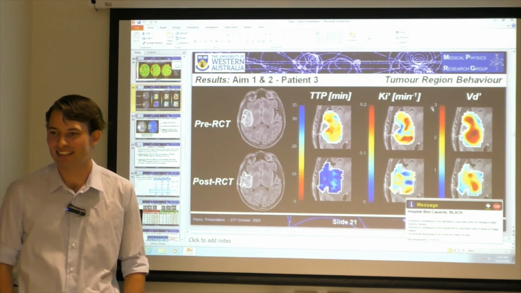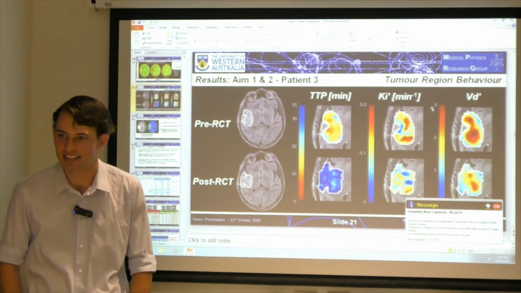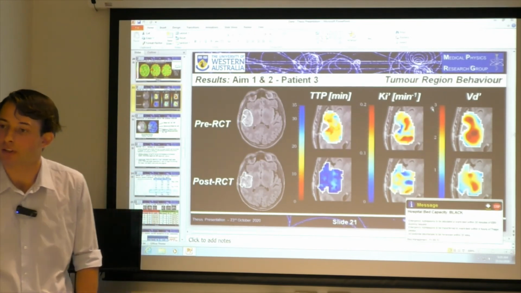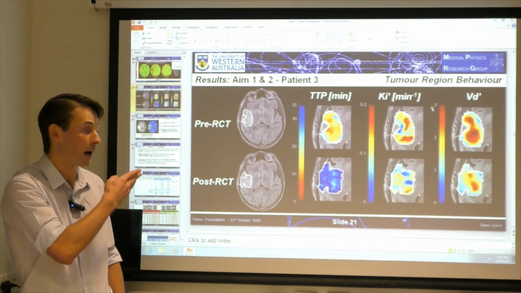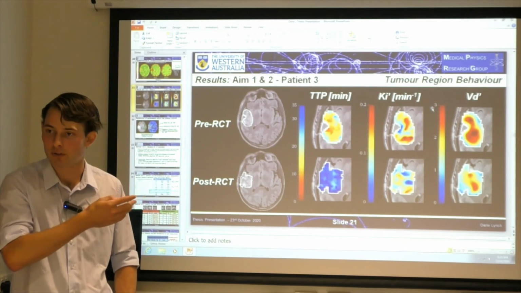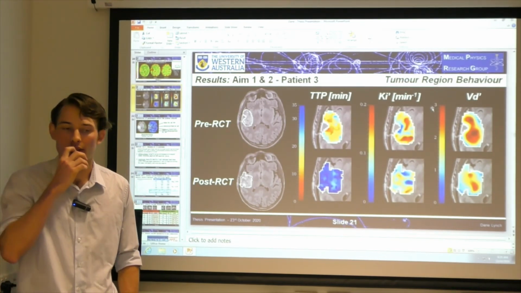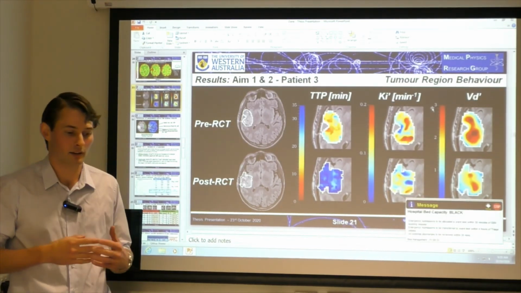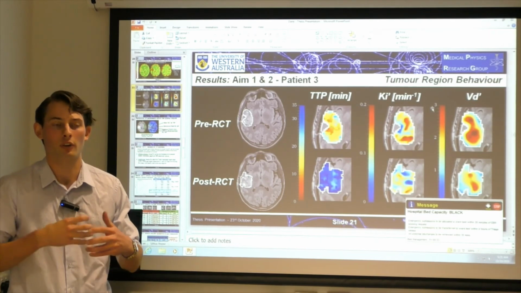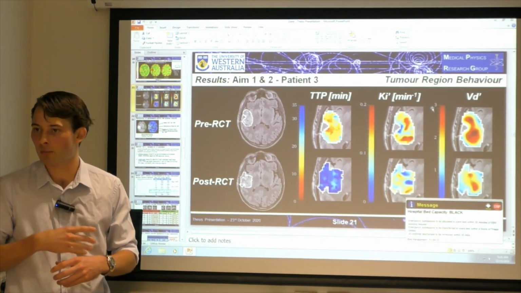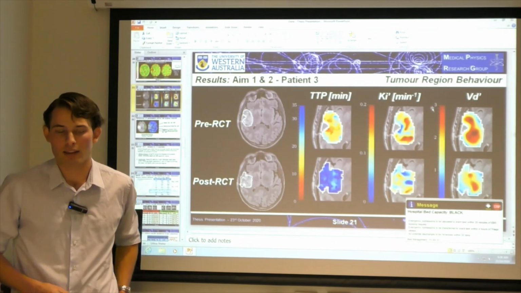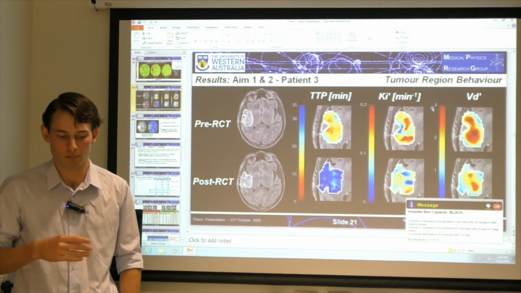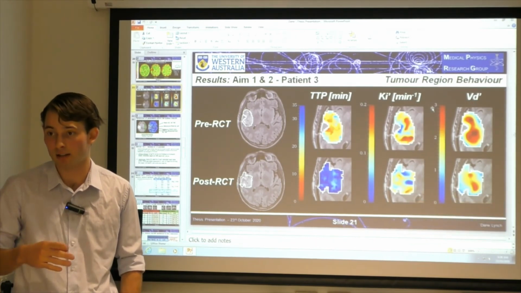Yes, so why might you expect the kinetic parameters to be different between the normal tissue and the tumor? Yeah. So why there might be increased uptake as opposed to more rapid time to peak in the tumor? So the influx constant describes the rate of tracer flux between the blood and the tissue, and this relates to the rate that the amino acid is metabolized in the brain.